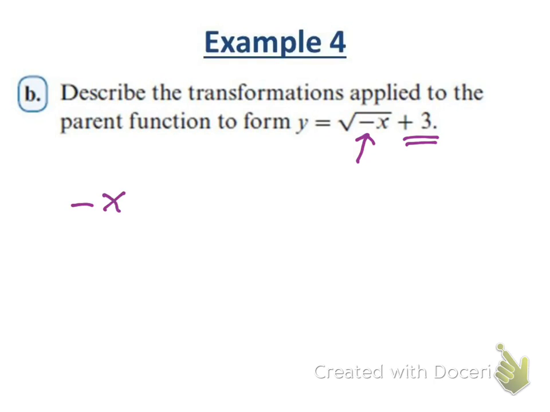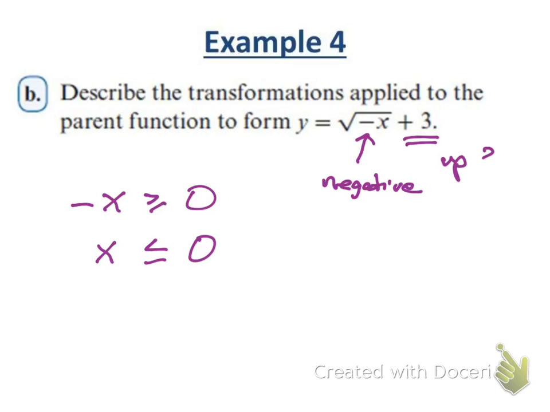It changes the domain, right? We need negative x to be greater than or equal to 0, which means x is less than or equal to 0. This one I can only put negative numbers into. Okay, so this shifts it up 3, and this makes it open to the left.